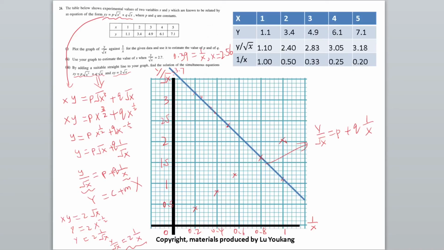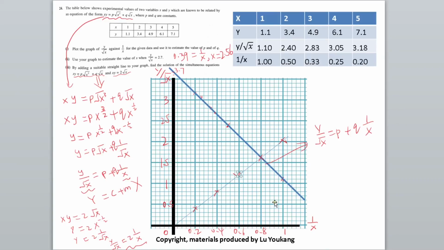Never mind. Let me join all these points with a straight line. And this straight line should give me a gradient of 2. This straight line is the suitable straight line that can help us find the solutions of the simultaneous equations, equation 1 and equation 2.